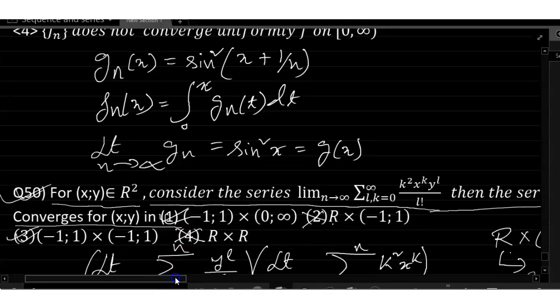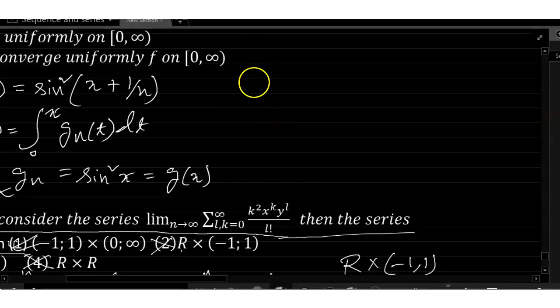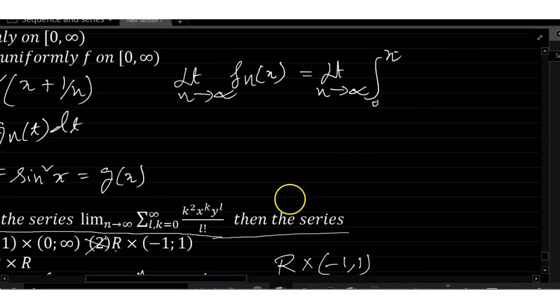Now limit n tends to infinity of fn(x) equals limit n tends to infinity of the integral from 0 to x, which is equal to f(x).